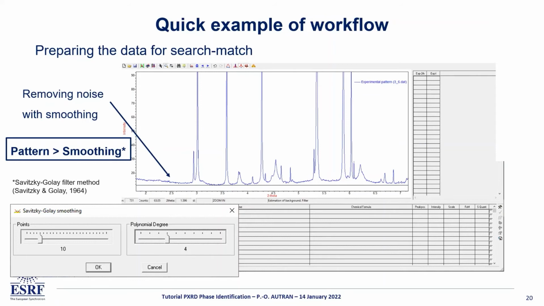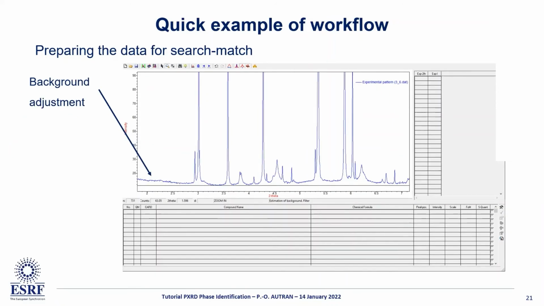You can set different values of polynomial degrees and points in order to optimize, not shave off your peaks, but reduce the noise so the software works correctly. Once you've done that, you see here I've removed most of the noise, which is very good.